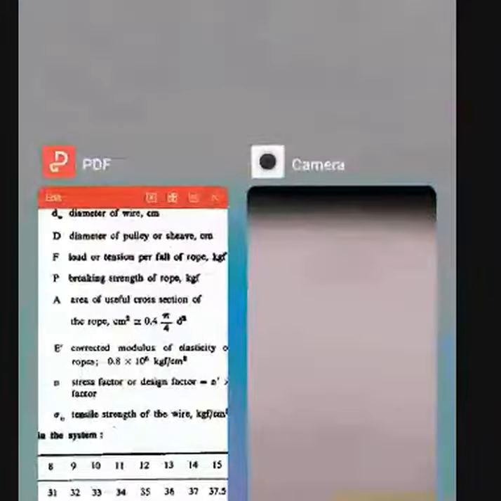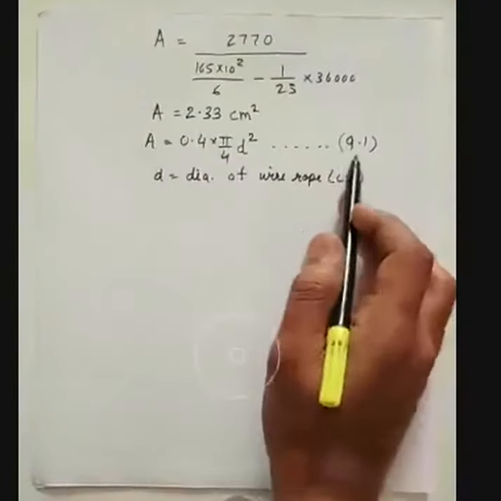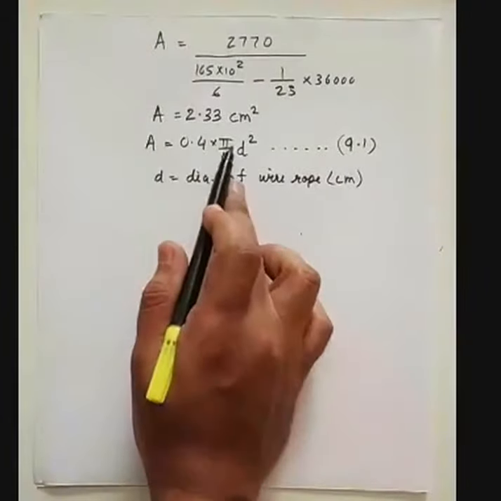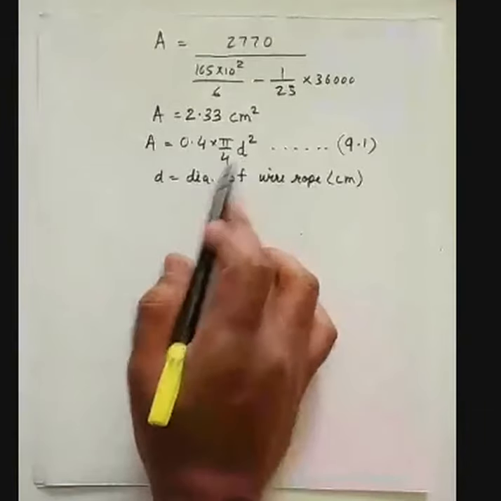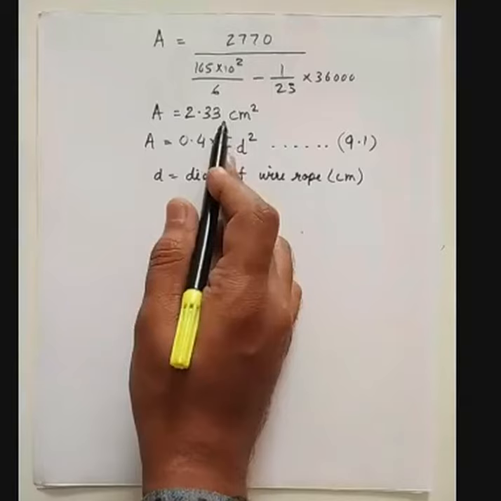If you read your PSG properly, there is no difficulty in designing a hook. So this is the formula given on 9.1, that is area is equal to 0.4 pi by 4 d square, where d is the diameter of wire rope in centimeter. Therefore we have calculated the area in centimeter square.